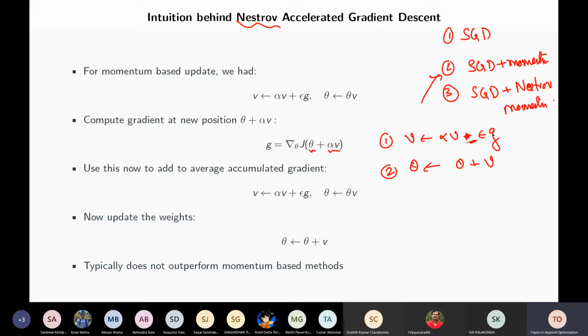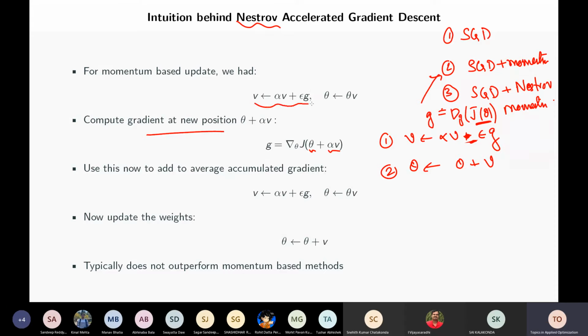Here the g was computed as grad theta J(theta), on theta only. What Nesterov suggested, as a simple extension, is that you update theta by alpha v and then compute the gradient already at the new position, and then you have a v.